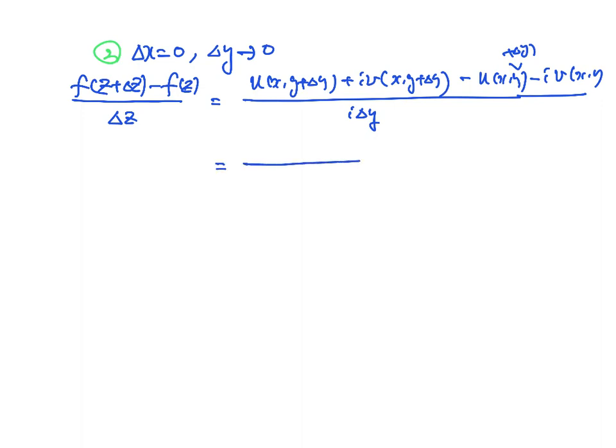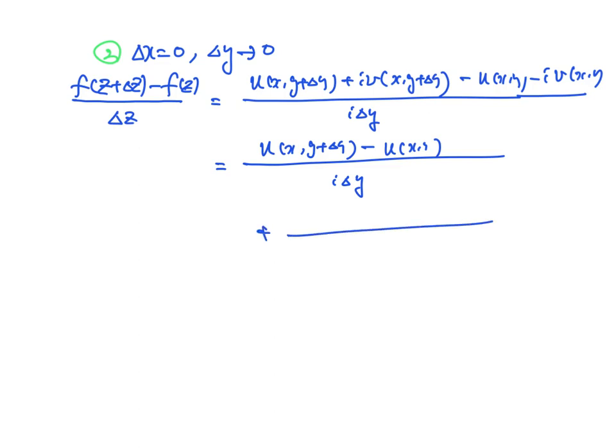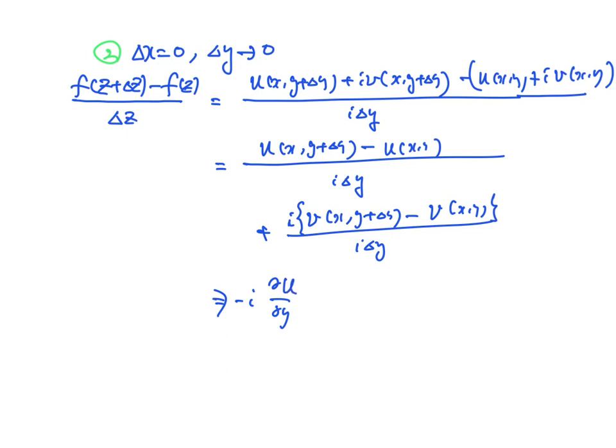So this is basically, oh, I think this is wrong, so this is basically minus i partial y partial u plus partial y partial v.